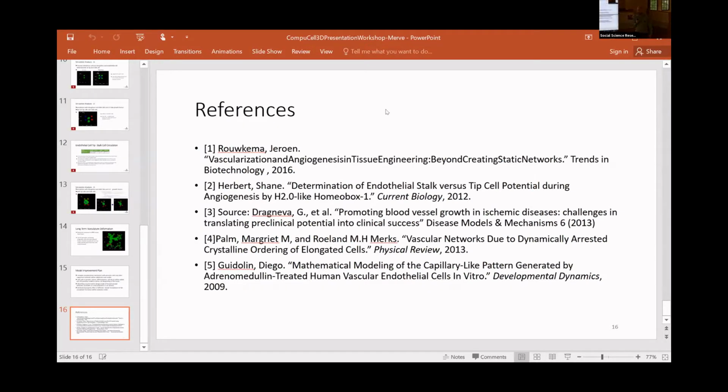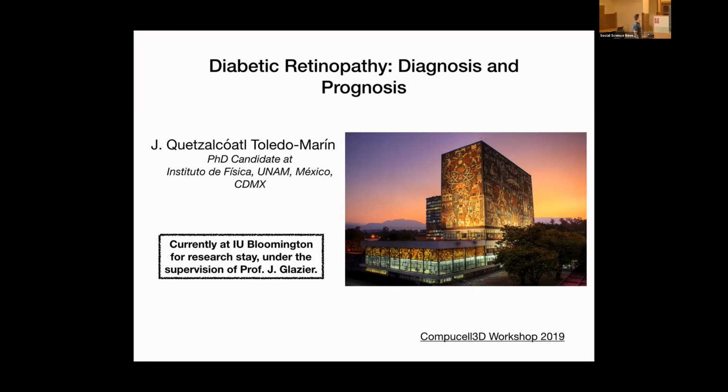So, Javier. Hi, everybody. I'm Javier, and I come from UNAM. That picture over there is the main library in UNAM, which is a pretty nice building to put in the presentation. I'm currently here doing a short research stay under the supervision of Professor Glaser.